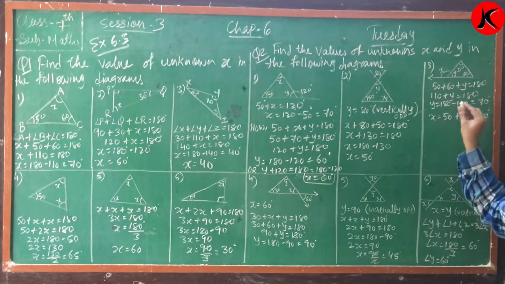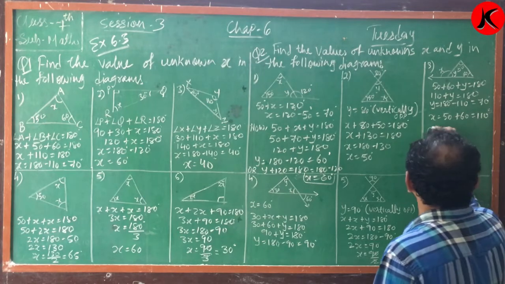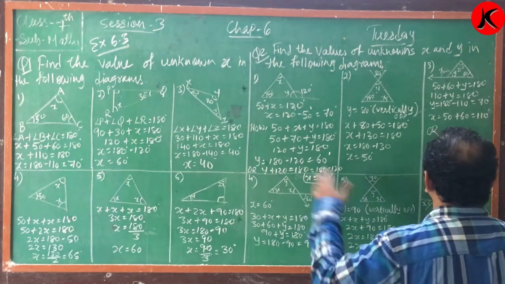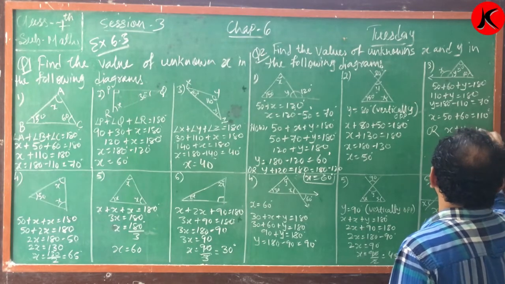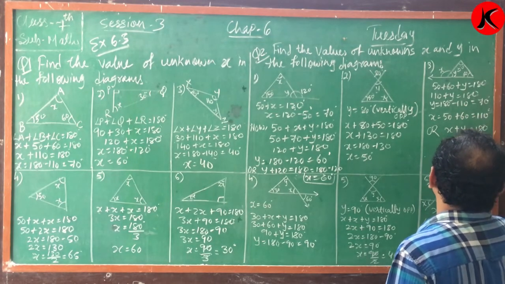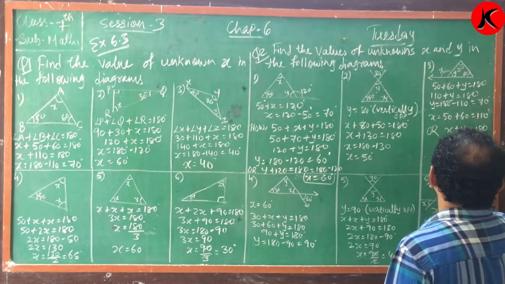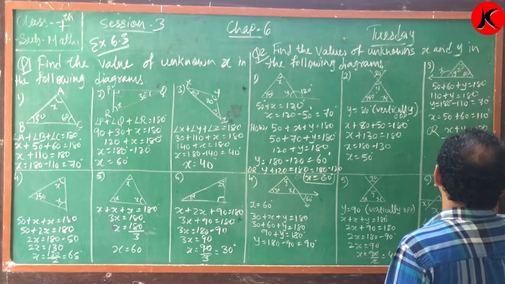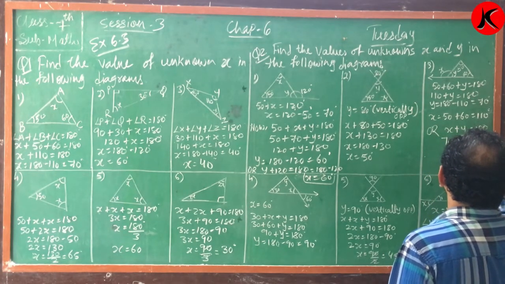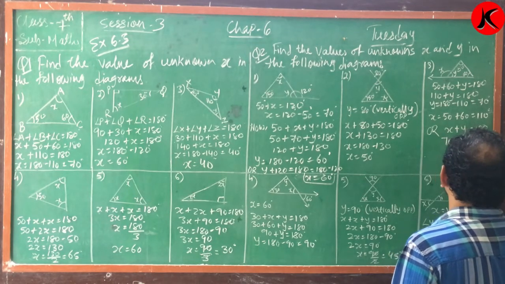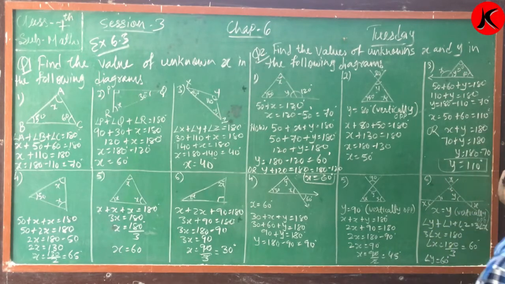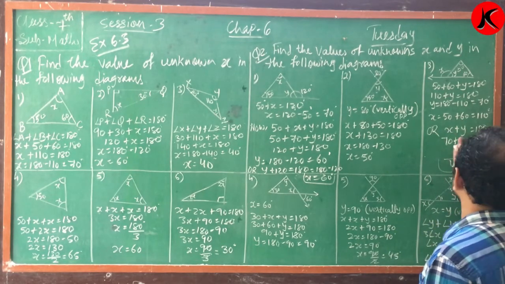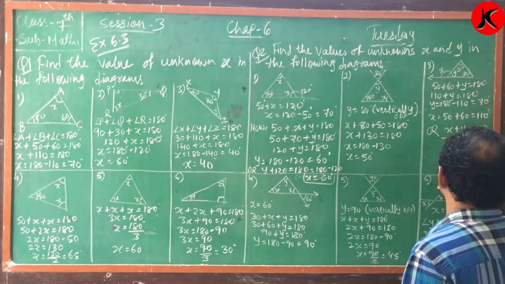Or you can do it like this also. जैसे मैंने यहाँ बताया था, x plus y is equal to 180. Y I have found as 70. So y is equal to 180 minus 70, which is 110, which is x here.